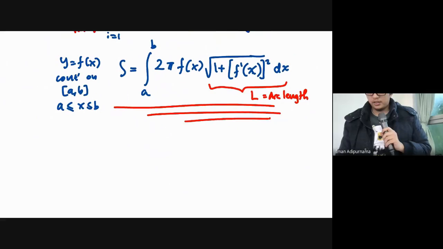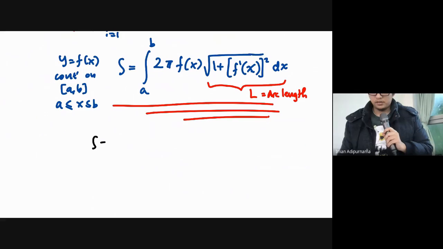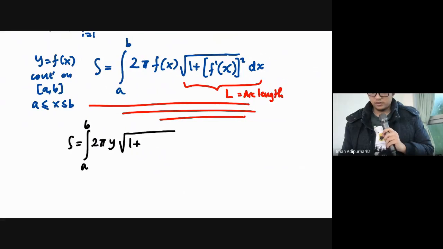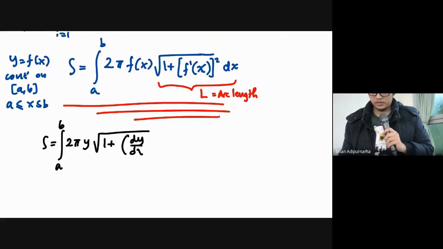You can also write the formula, the first in y, okay, 1 plus dy over dx squared and then dx.